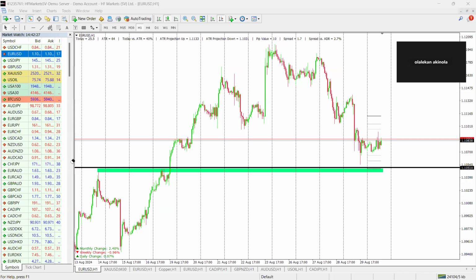There are few things when you're looking at confirming a level. Number one, let me just draw some examples for you to see what I'm talking about.